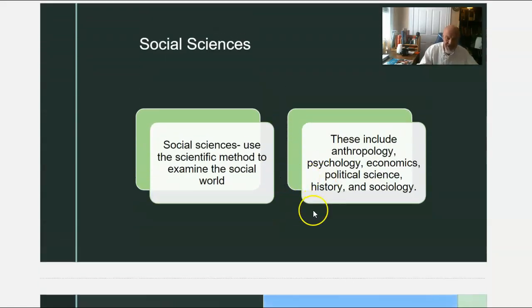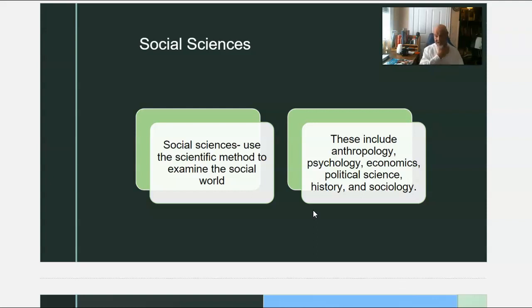So a social science, why is this a science? Well, is it a science like physics? Not necessarily. A social science uses the scientific method, which we're going to discuss in a moment, to examine the social world.